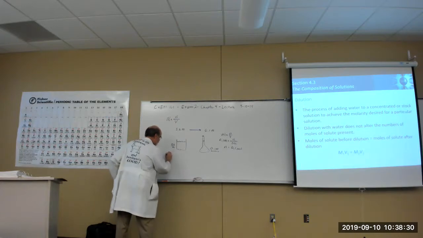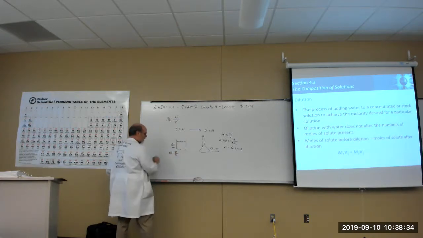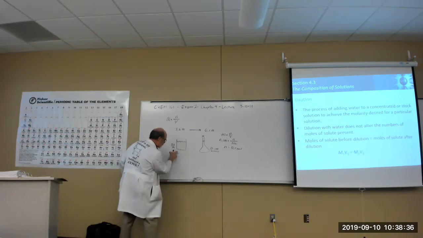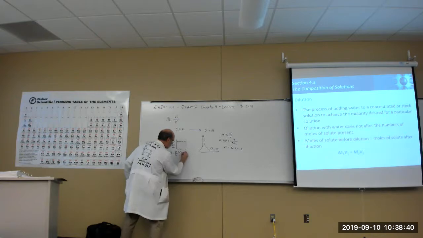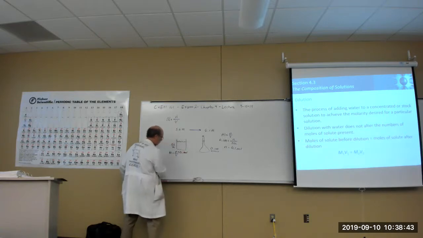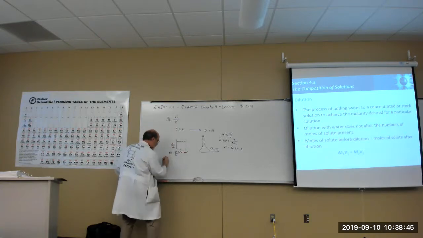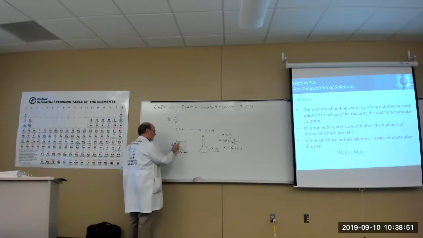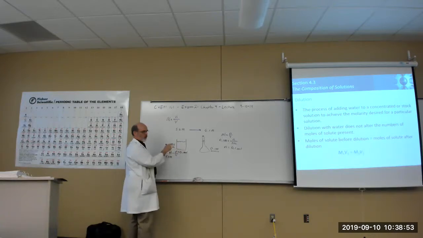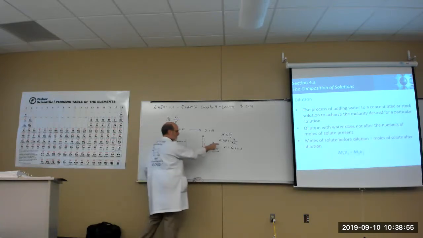So how do we get 0.1 mole of solute out of this? Use the same relationship. Okay, we know that we want 0.1 mole here, and we know the molarity here, right? So now we can solve for the volume. How much volume out of this will give us 0.1 mole to satisfy the conditions on this side?